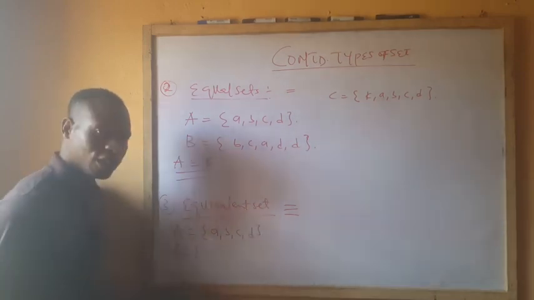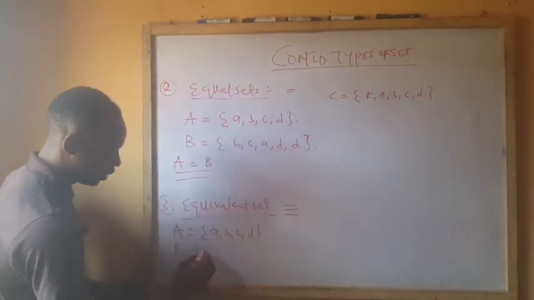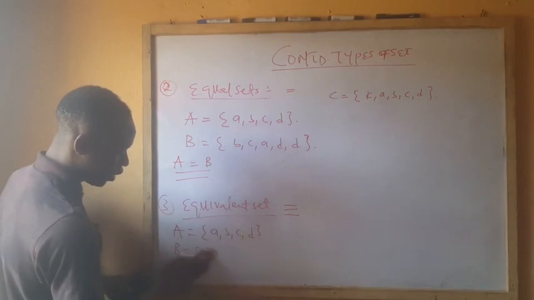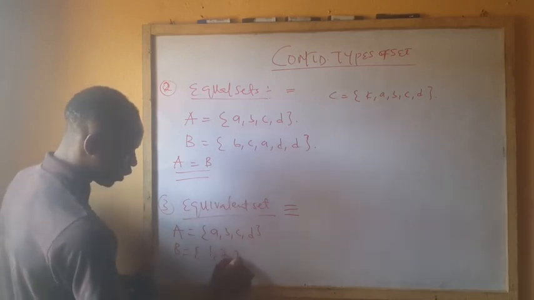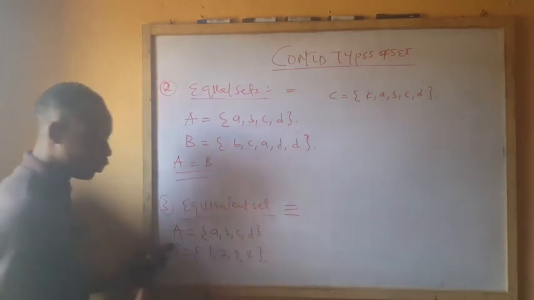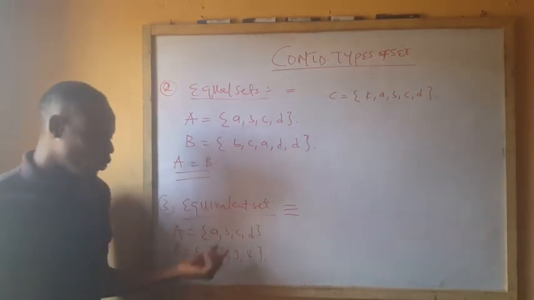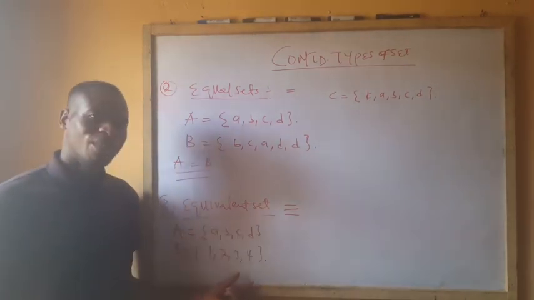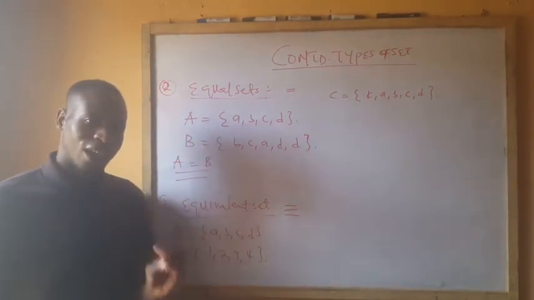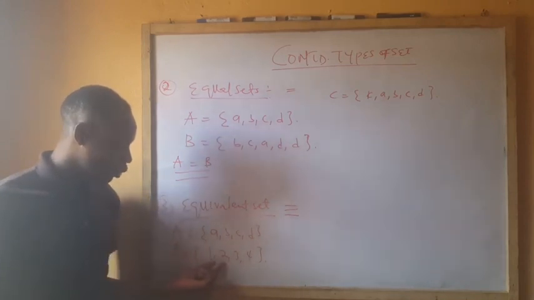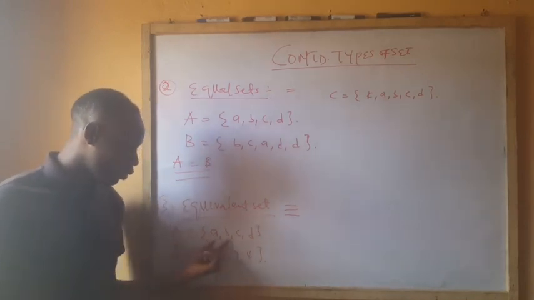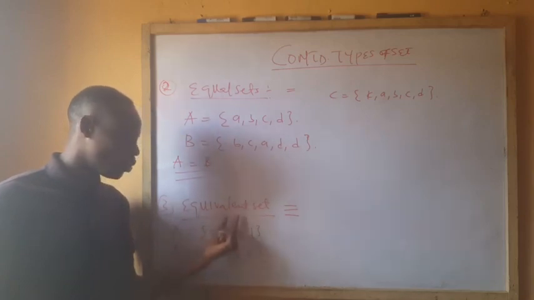remember, they have an equal number of elements. Let's say 1, 2, 3, 4. So this is not equal to this, but they contain an equal number of elements. So look at it, 1, 2, 3, 4. 1, 2, 3, 4. So this and this are said to be equivalent to each other.